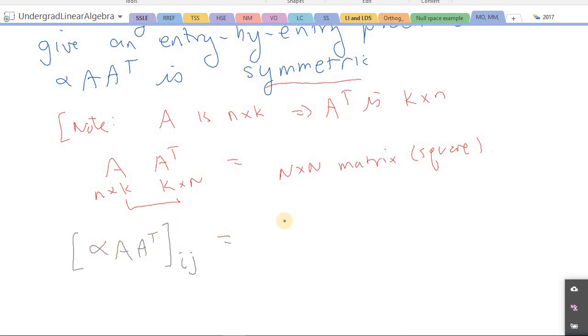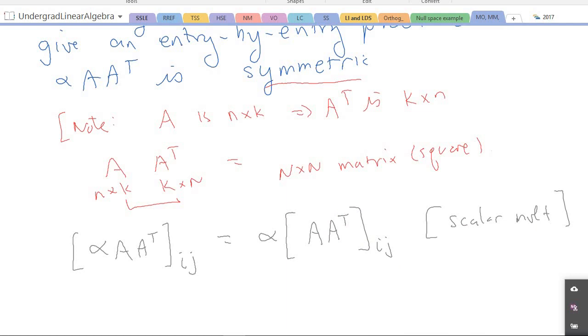The alpha just goes outside, right? That's by scalar multiplication. Okay. Right. So now what about AA transpose ij? I need to use the matrix multiplication formula for that.